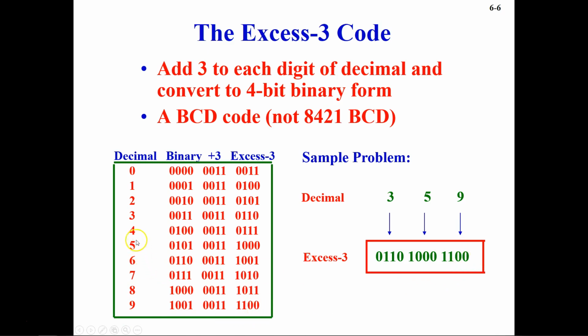And at 5, let's see what we have. At 5 it is 1000. So that's what you have here. And at 3 we have 0110. So this has been put here. So this total basically represents the excess 3 code for this decimal value 359.